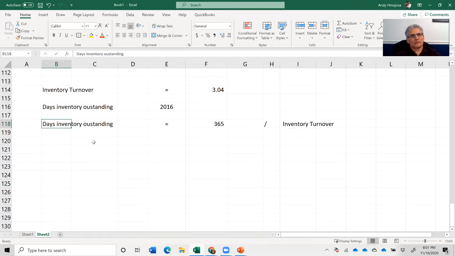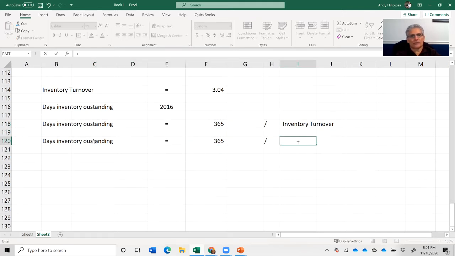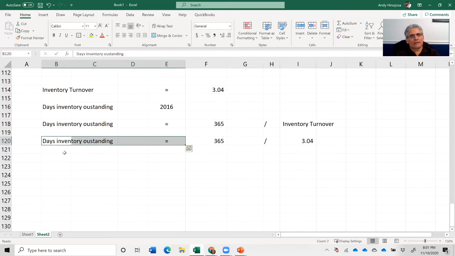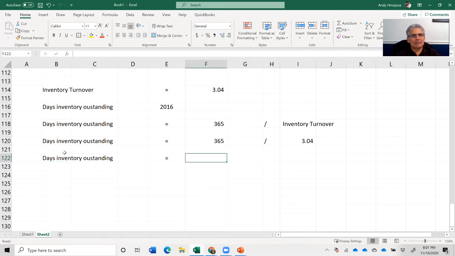So now we can begin to solve this by plugging in inventory turnover, which is 3.04. So we can compute the days inventory outstanding by taking 365 divided by 3.04. So on average, inventory is sitting on the shelf 120.07 days, rounded to the nearest hundredths. Now, is that good? Well, not if you're selling milk.